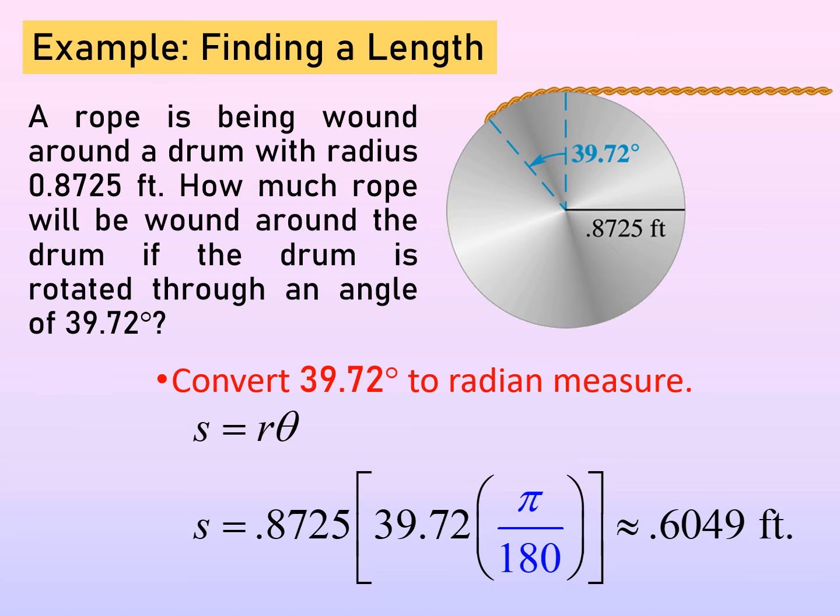So 0.8725 times, to convert 39.72 degrees to radians, we multiply it by pi over 180. So we have 0.8725 times 39.72 times pi over 180. It is approximately equal to 0.6049 feet.